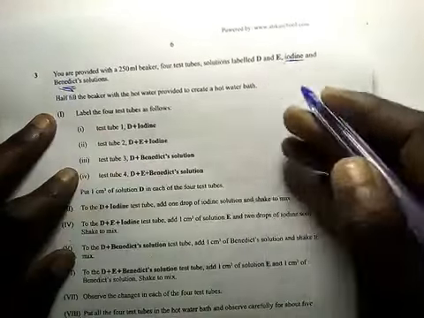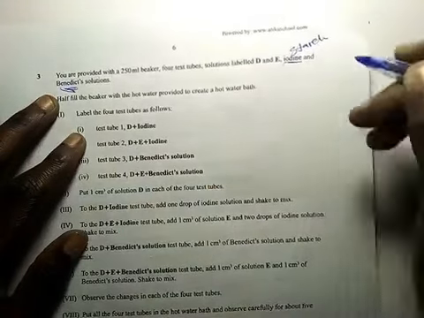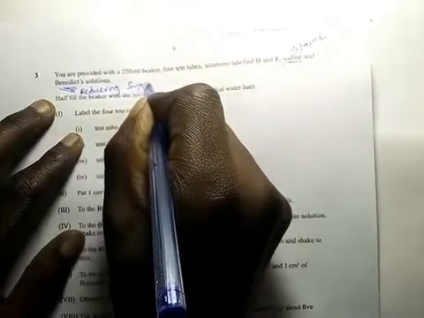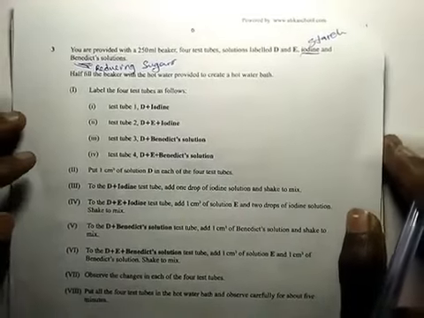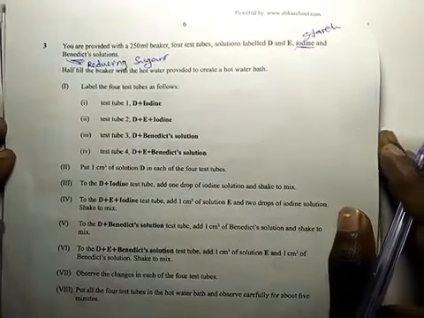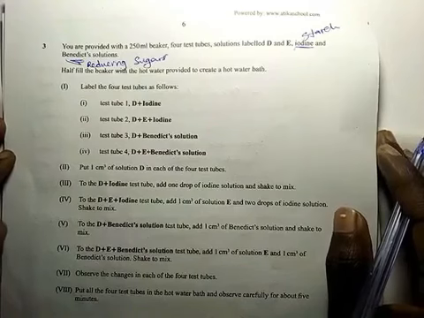Now, iodine is used to test for starch. Benedict solution, reducing sugars. Now we read the procedure. Fill the beaker with the hot water provided to create a hot water bath.